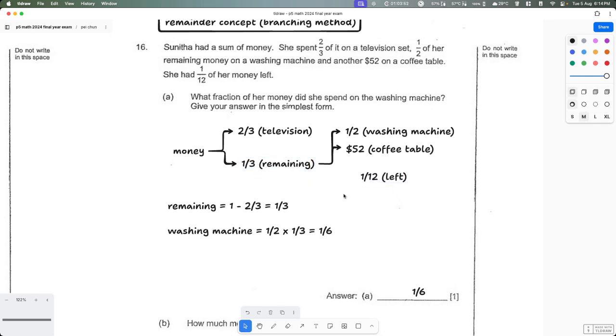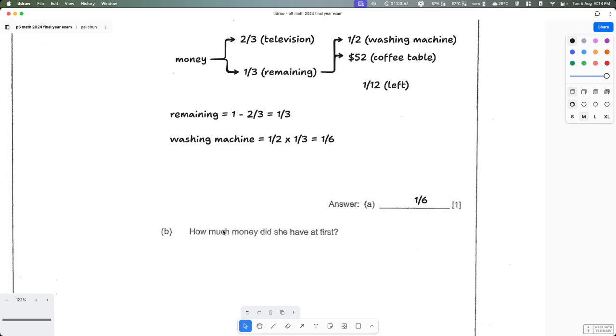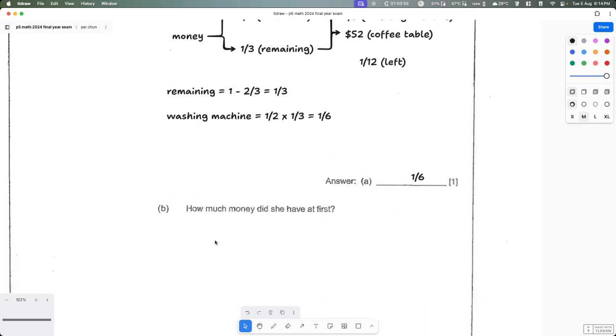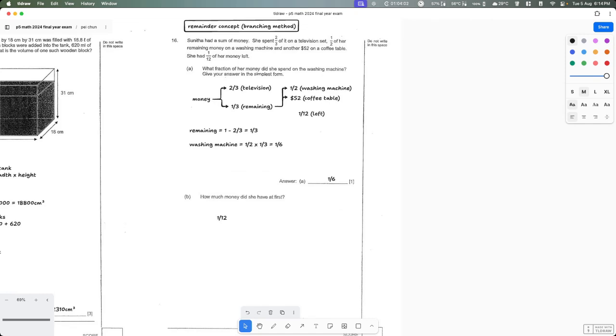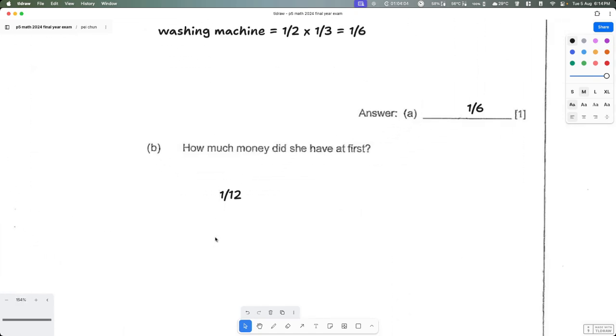How much money did she have at first? We know that left is equal to 1 over 12 of total money. That means total is equal to 12 units.